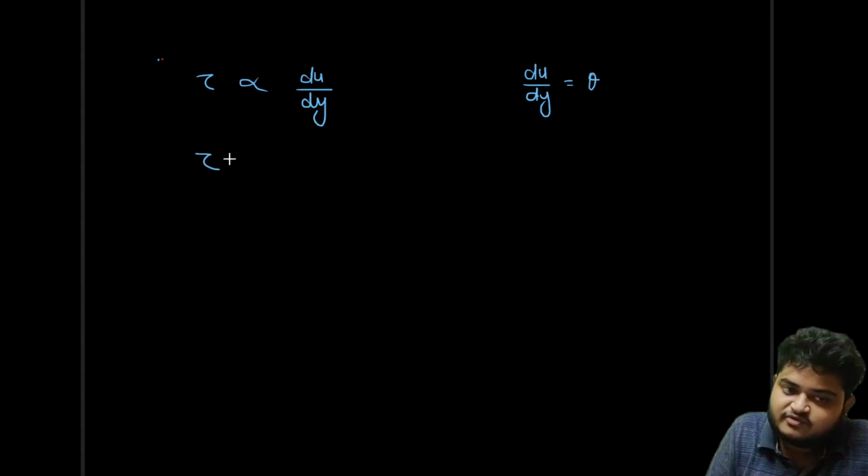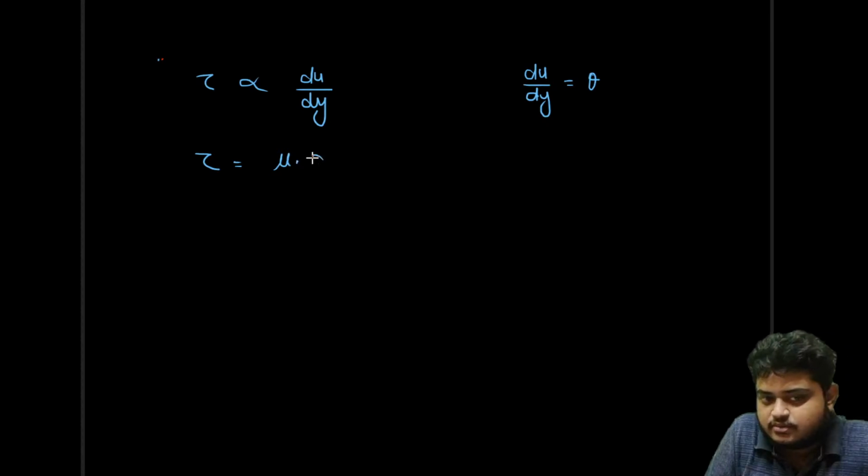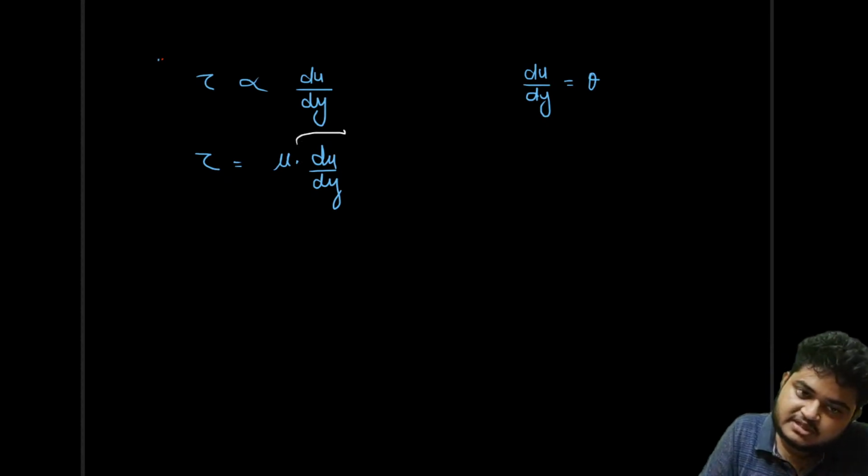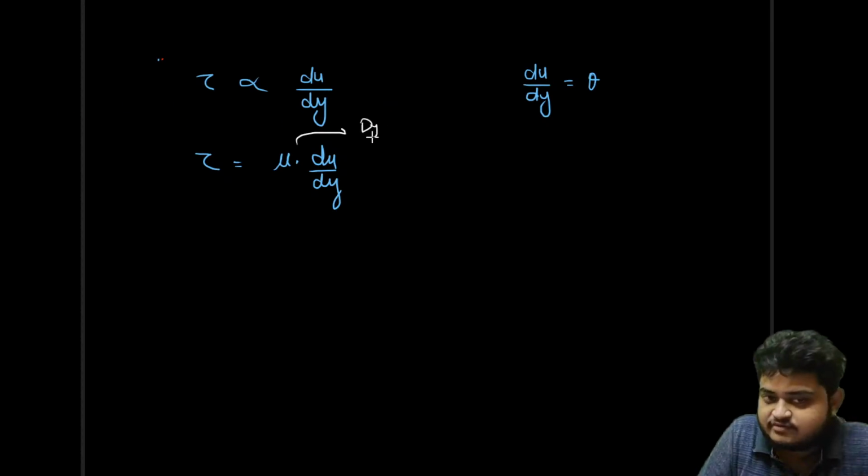Now convert this proportionality into equality and it will be mu du dy. What is mu? Mu is kinematic viscosity. Sorry, this mu is dynamic viscosity. I'm so sorry. This mu is dynamic viscosity.